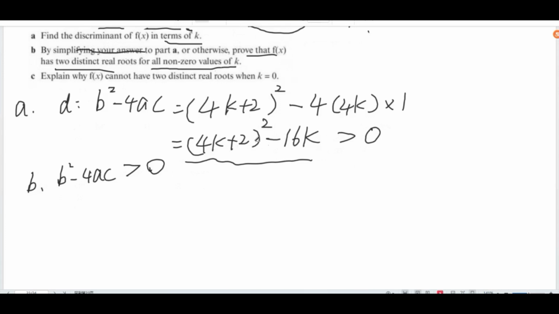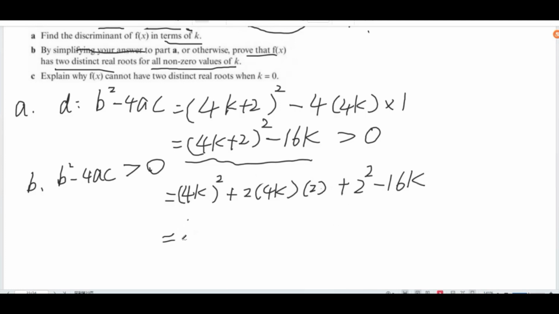We have to first open the brackets. So in here, open the brackets: 16k squared plus 16k plus 4 minus 16k.